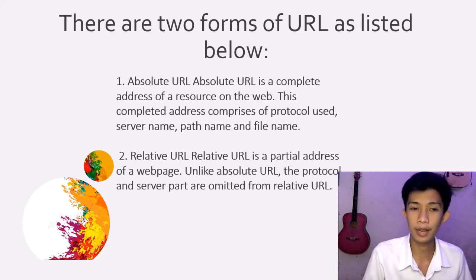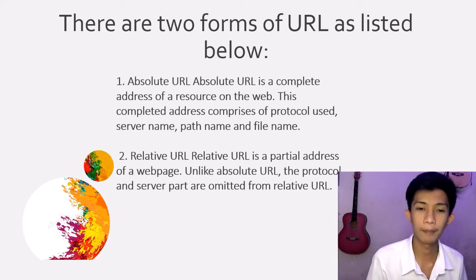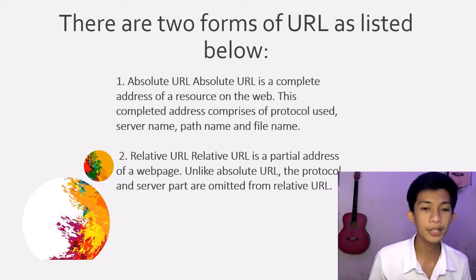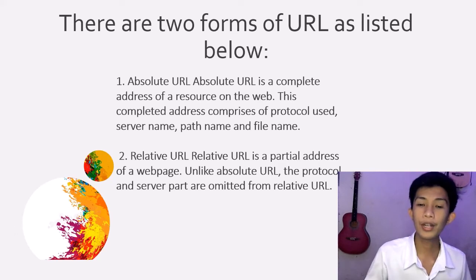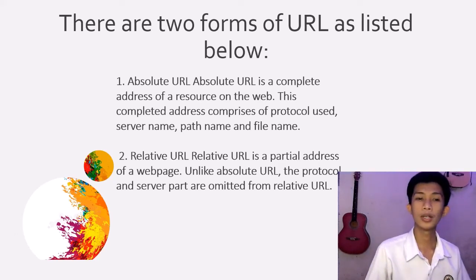That is absolute URL. And the next one is a relative URL. Relative URL is a partial address of a web page, unlike absolute URL. The protocol and server part are omitted from a relative URL. Okay, that is relative. So there are two forms of URL listed below. Sana nag-gets niyo guys, no?